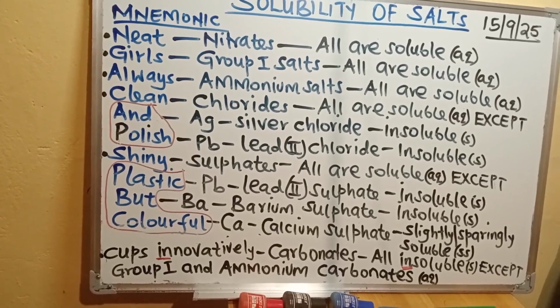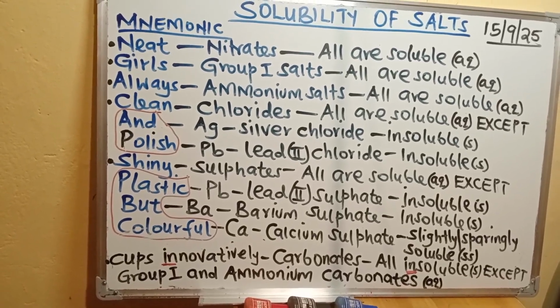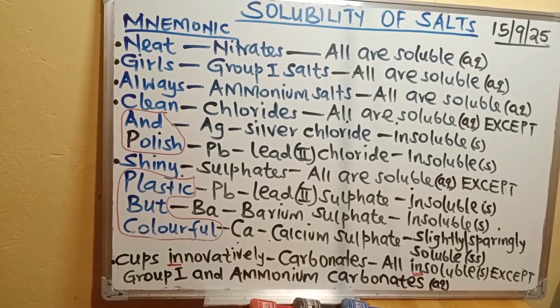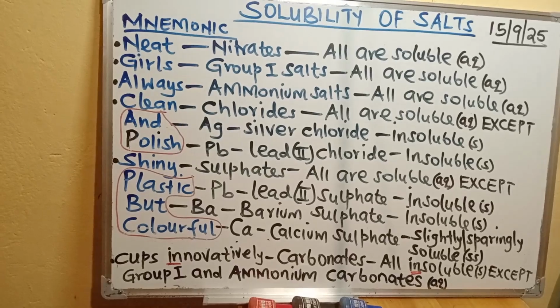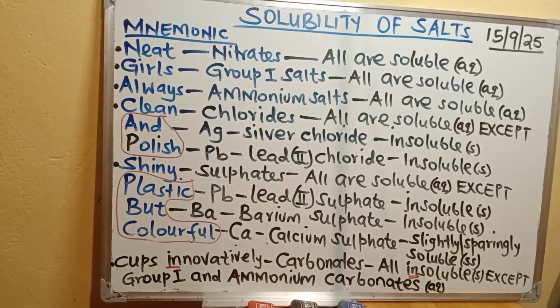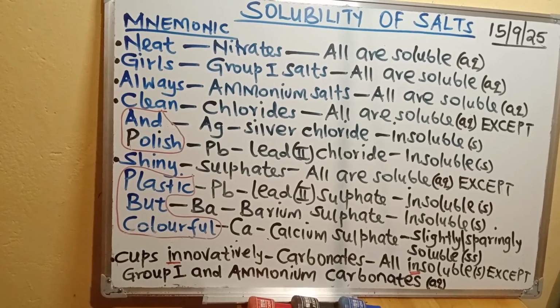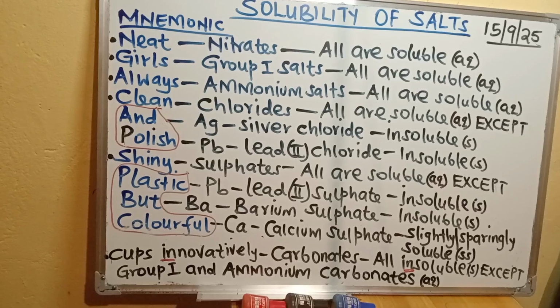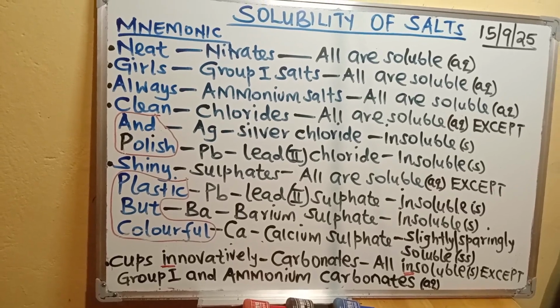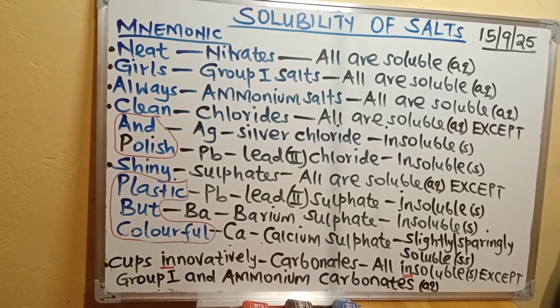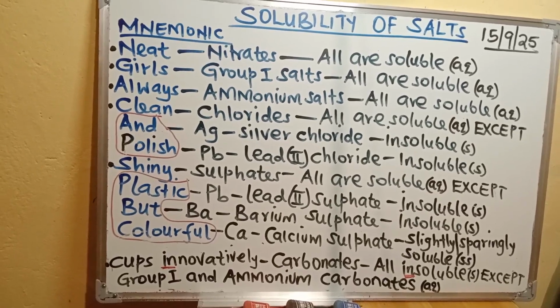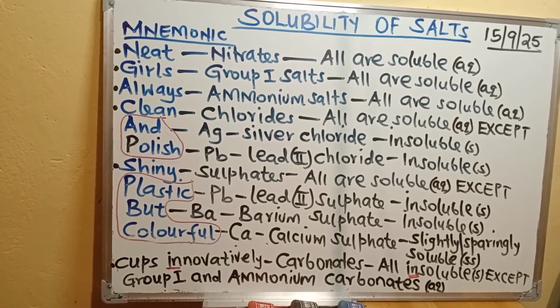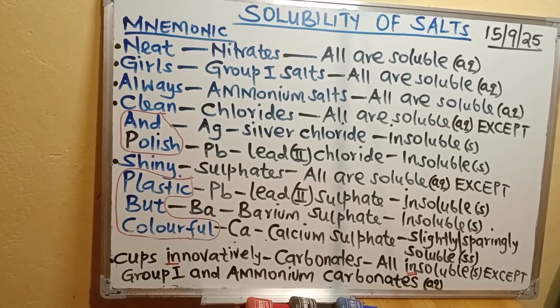So silver chloride is insoluble, and the state symbol is a small s in brackets. Polish, standing in for Pb, capital P, small b, that is lead. And lead 2 chloride is also insoluble, just like the silver chloride. And it is also in the solid state, a small s in brackets.